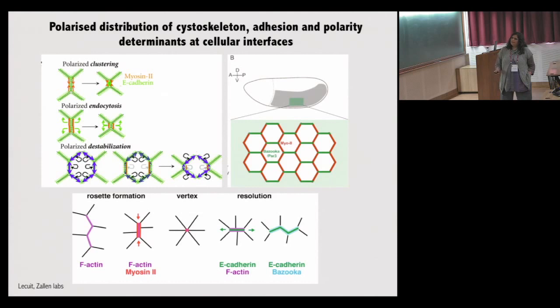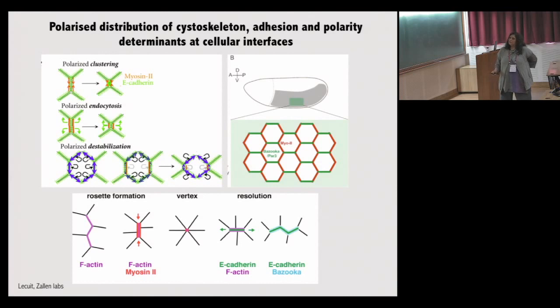And when you have cells exchange neighbors in these multicellular columns, again, you see that as these interfaces shrink, they accumulate actin and myosin, and they have a relative reduction in E-cadherin. But as this point begins to grow to form new interfaces, they accumulate E-cadherin, but also this protein here in green, which is bazooka.